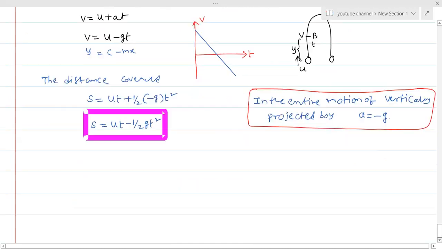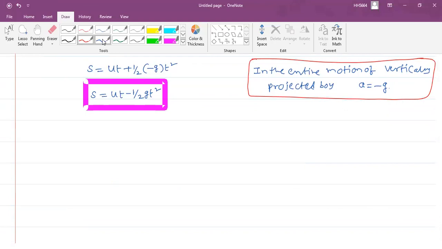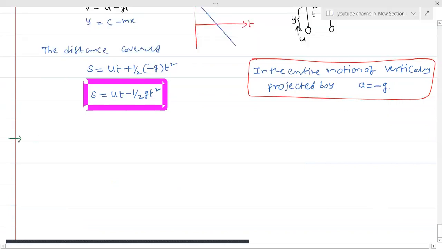After this, we will discuss maximum height. So next I am talking about maximum height.